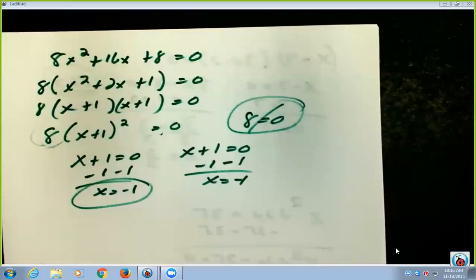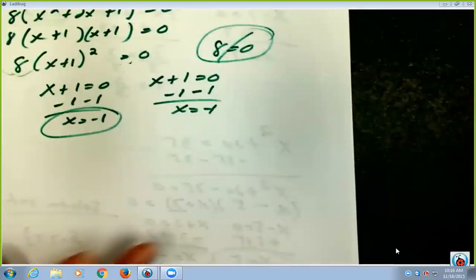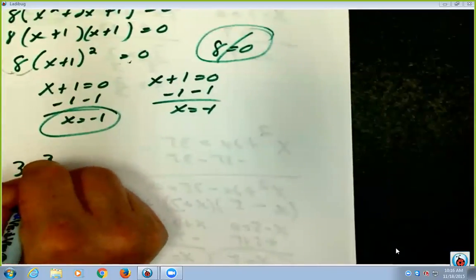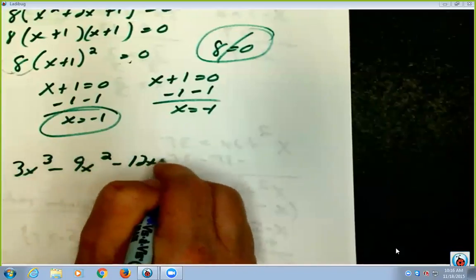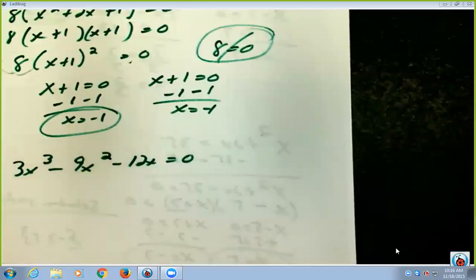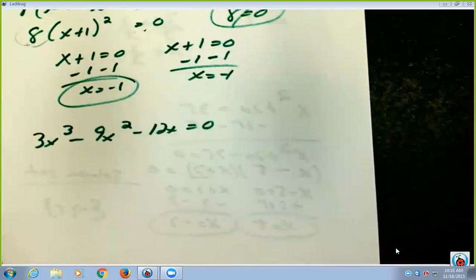Okay, how about this one? 3x cubed minus 9x squared minus 12x equals 0. So let's see what we can do with this thing, if we can factor it or not.